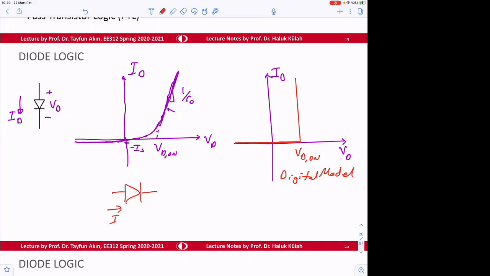So the current ID, if ID is larger than 0, we say that VD is equal to VD on. So the model becomes like this. So this is the diode model. It is like VD on.